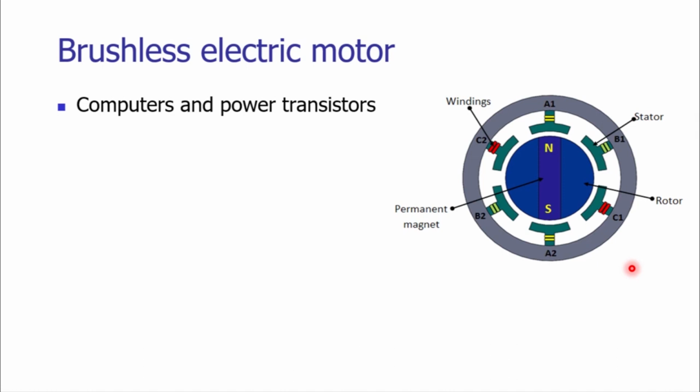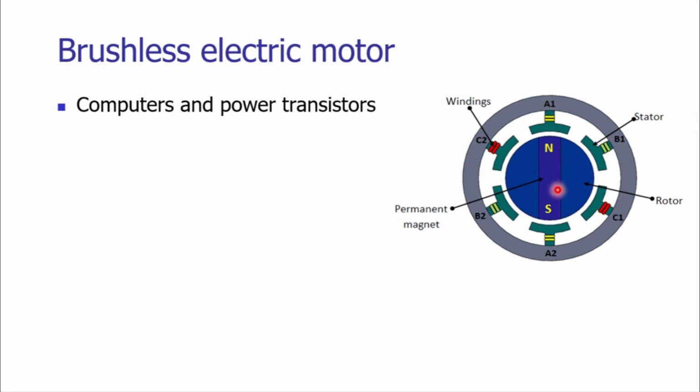As we need to pass the electricity to the coil, we need some contact points, and these contact points are creating the problem. In the brushless DC motor, we are changing the configuration. Instead of having a current carrying coil as the rotor, we have a permanent magnet as the rotor. The motor has a shaft, and on the shaft we attach a permanent magnet.